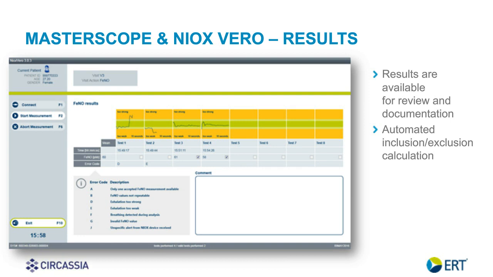And in addition, a very high value is that we can run inclusion and exclusion checks also on the FeNO data compared with the spirometry data, ECG data. So all data needed to make decisions if a patient can be included or needs to be excluded from a trial is in one database, one system, and can be combined.